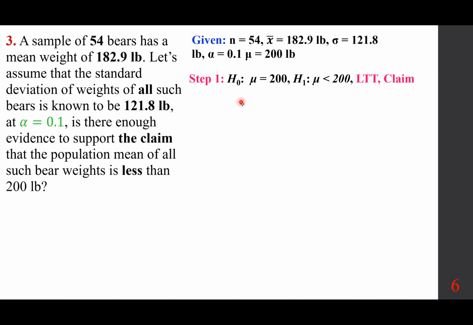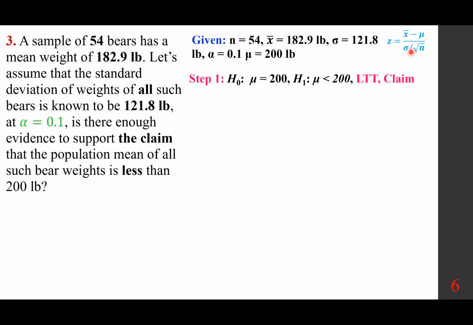The second step is the test statistic. You have a formula sheet: z equals x bar minus mu over sigma over square root of n. So this is the formula for the test statistic.